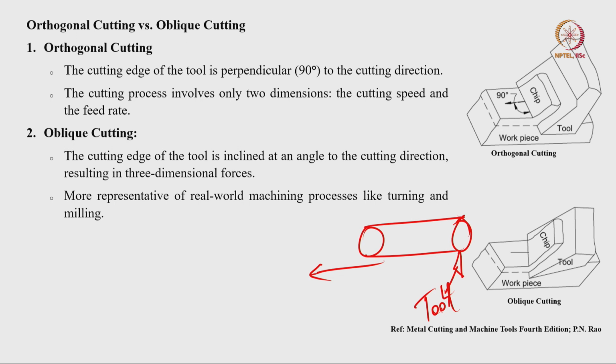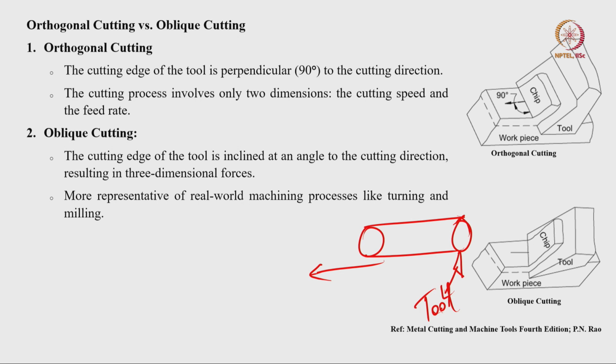In the case of oblique cutting, the cutting edge of the tool is inclined at an angle to the cutting direction, resulting in 3 dimensional forces. It is more representative of real world machining processes like turning and milling.